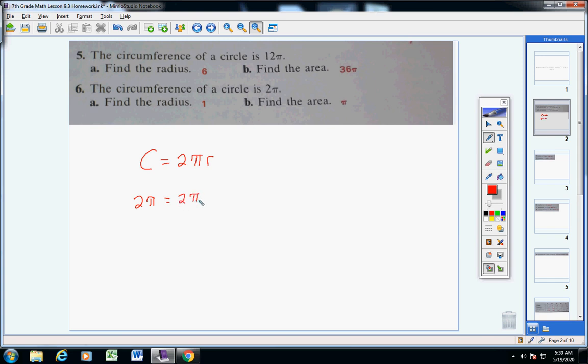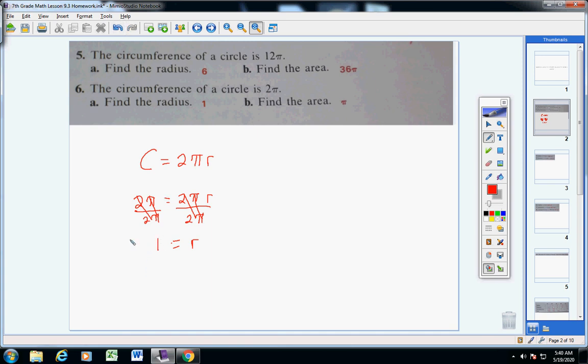Bring down your pi. And we're trying to find the radius. So I want to get rid of this here. So let's divide both sides by 2 pi. Here they cancel, leaving you with r. Now, everything cancels out, leaving you with 1 over 1, which is the same thing as 1.